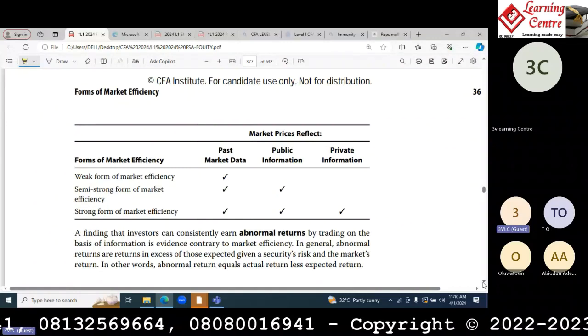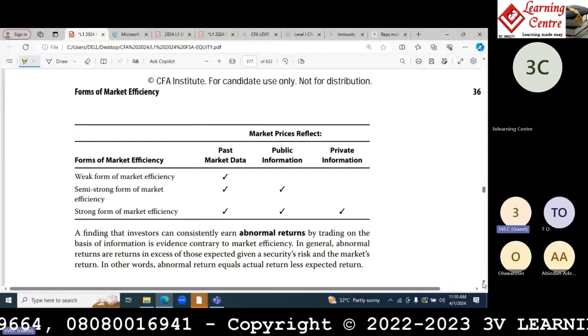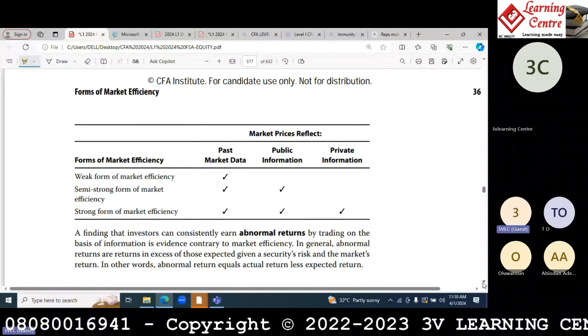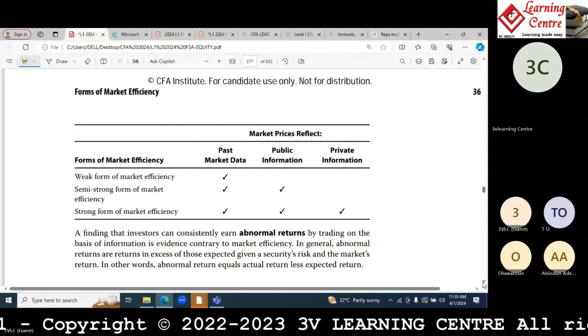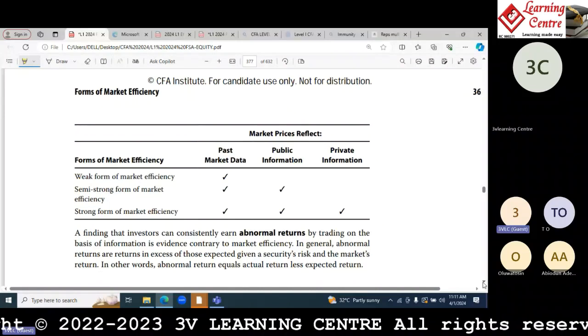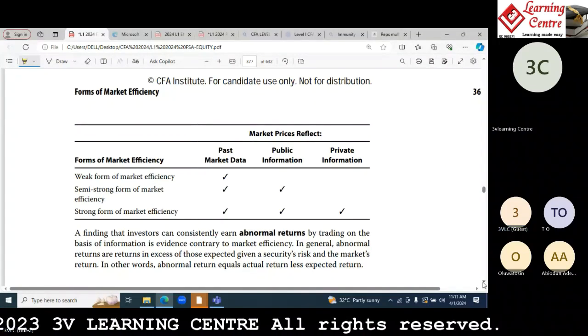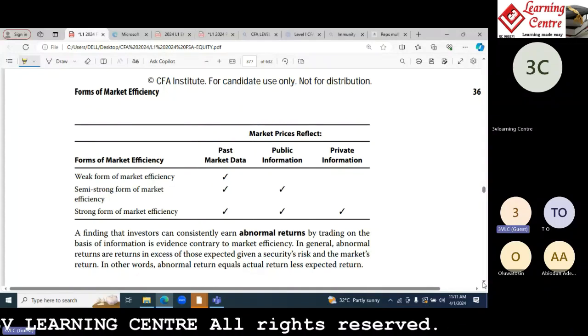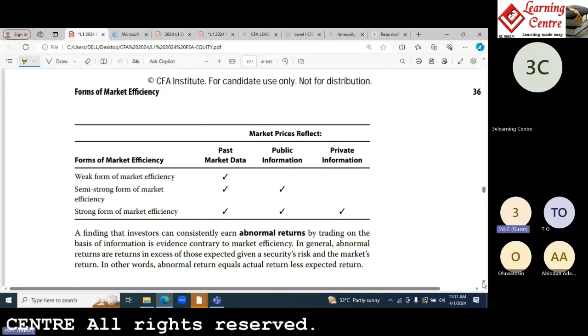So what they are saying now is that if you look at the weak form of market efficiency that already incorporates past market data, then using technical analysis in that market would be a waste of time. Why? Because past data is already reflected in the market.